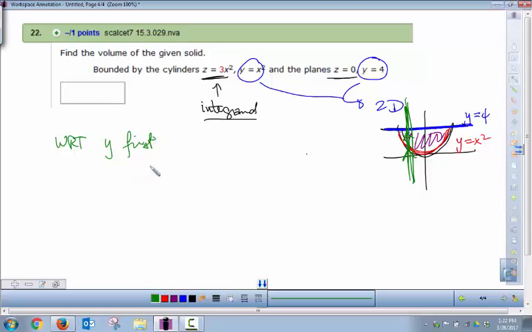And so you set up your y limits, and you know that your x limits are going to be constants. So y goes into what function first? We want to draw our axis, just for my sake at least. I draw my axis as the x going horizontal, y vertical.